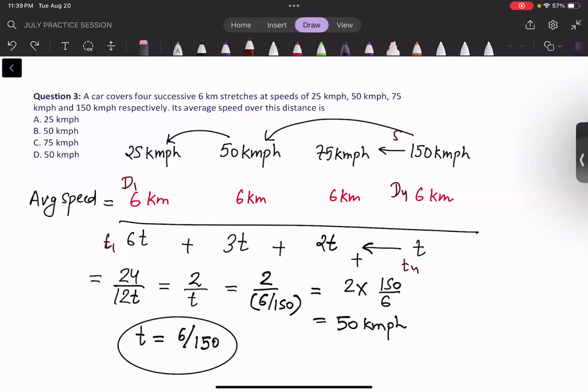So time equals distance upon speed. The distance is 6. Speed is 150. So 6 by 150. Okay. Understood? In any situation, distance equal to speed into time will follow. Always it will follow.